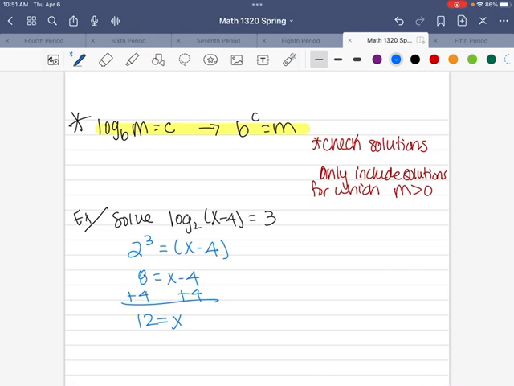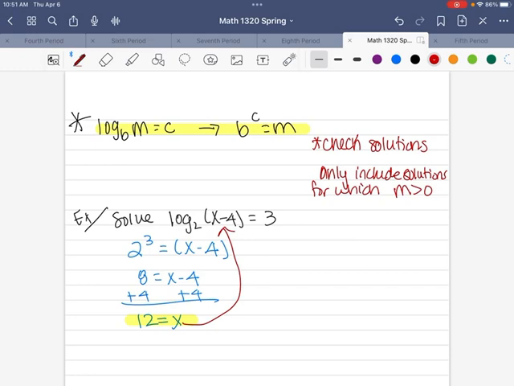Okay, so once you get that answer, what you want to do is take this answer and plug it in to this and make sure that it gets you a positive number, because you don't want to take the log of a negative number, basically. Or we'll check it to see if it's accurate and things like that.